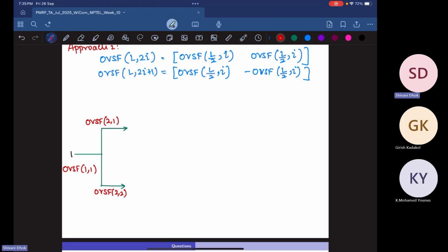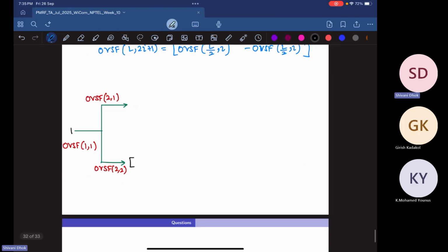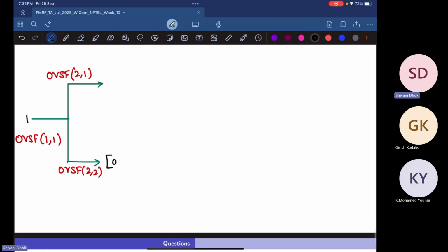So this will be simply OVSF of 1, 1, OVSF of 1, 1, which is simply repetition of this quantity 2 times. So we'll get 1, 1, and here we'll get 1, minus 1.